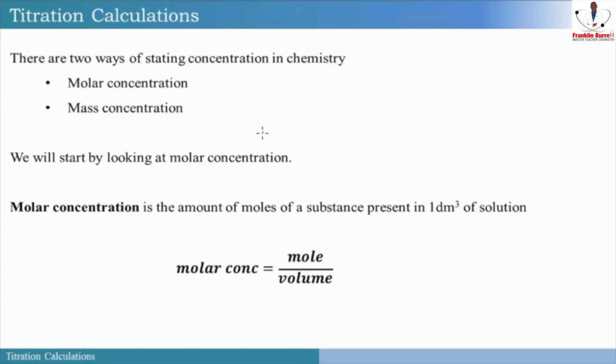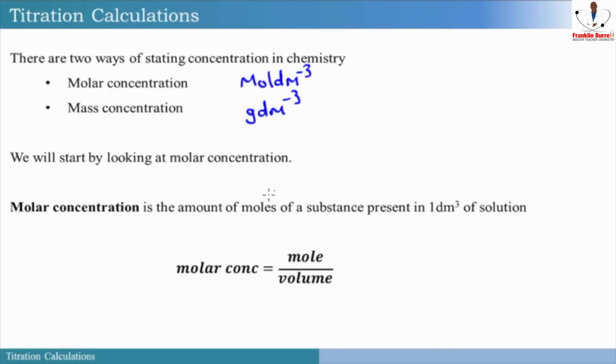So in doing our calculation, we can work out mass concentration as well as molar concentration. Here we say that we have different ways of stating concentration in chemistry: either your molar concentration, where the unit is moles per dm cube, or your mass concentration, where the unit is grams per dm cube.